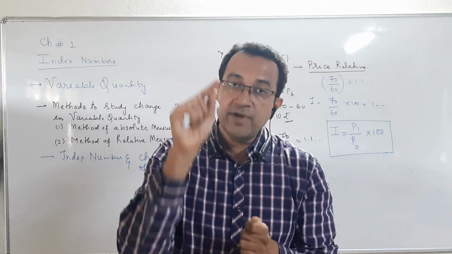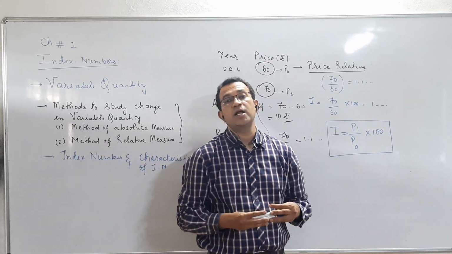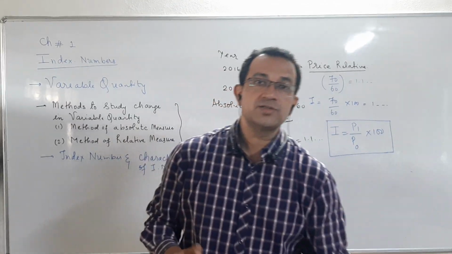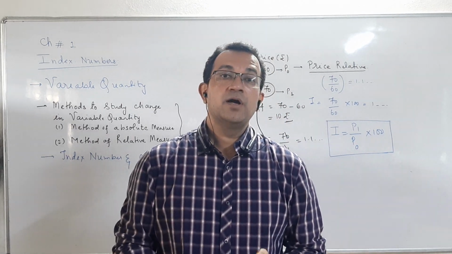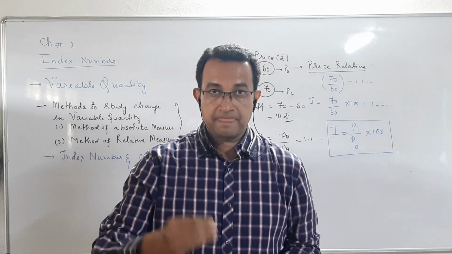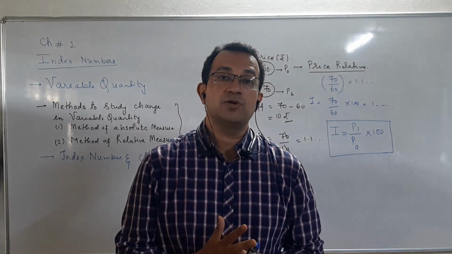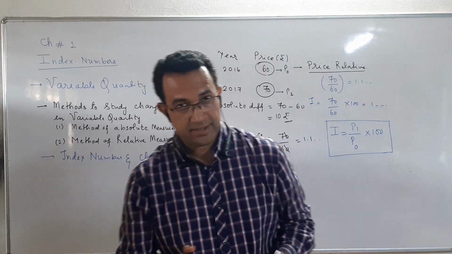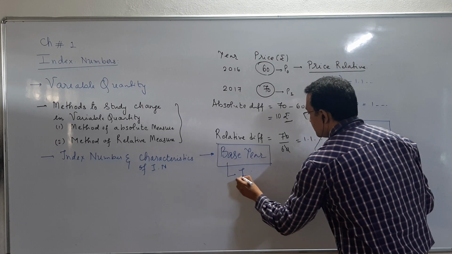So a fixed year of past with respect to which the current year's value is compared is called a base year. And as a reference, as a general criterion, the index number of base year is always supposed as 100. So what is the index number, students, of a base year?